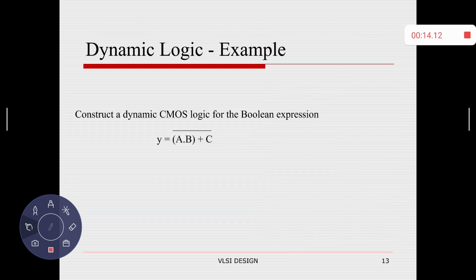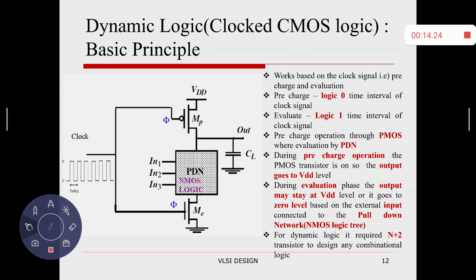So let me explain a simple example. For example, let me take the expression Y equals the complement of A dot B plus C. In dynamic CMOS logic, I need to place a single PMOS transistor for the pull-up operation and one NMOS transistor for the pull-down network.